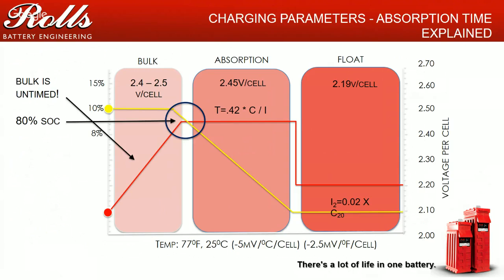But you start to lose current going into the batteries, so current is tapering. So it's very important to use this formula: time equals 0.42 multiplied by C20 rate divided by nominal current. That'll give you a basis of an idea where your absorption time should be.